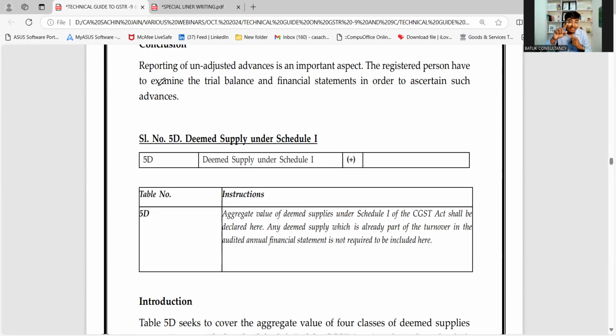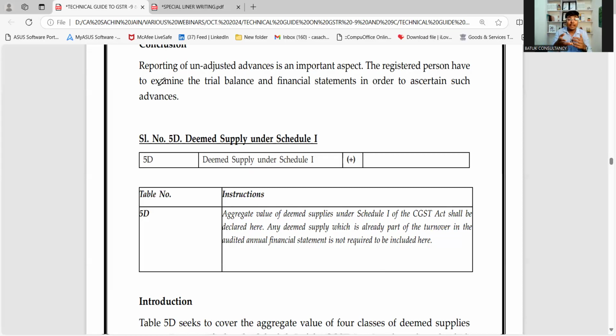But as we all know, whenever there is a disposal of business assets without consideration, in such a situation also valuation should be decided through the valuation rules, and accordingly GST has to be paid on that. So the taxpayer has already made the payment on that particular type of supply under GST, but the same is not in the audited financial statement. Hence, there will be a difference. So we need to adjust it here.